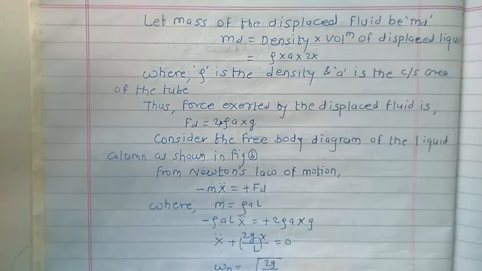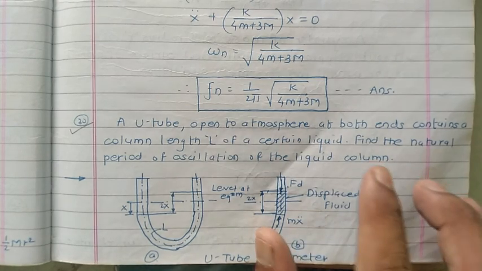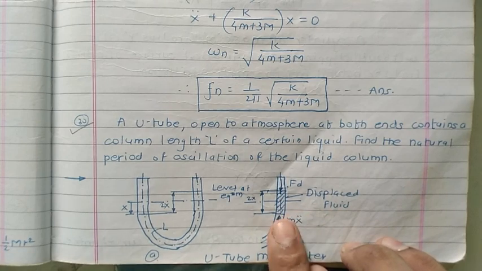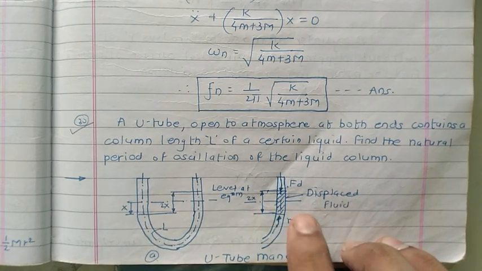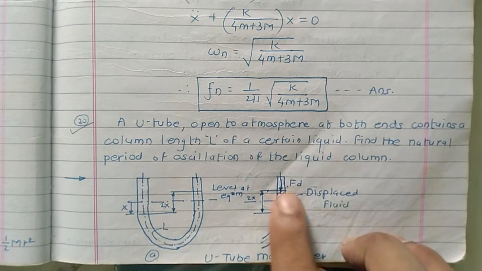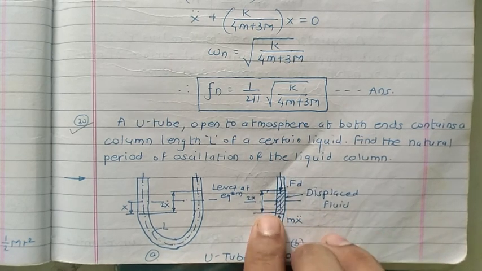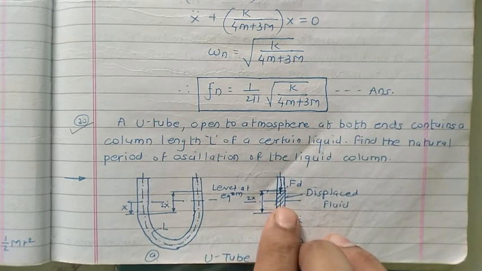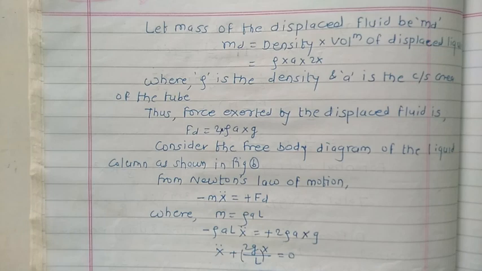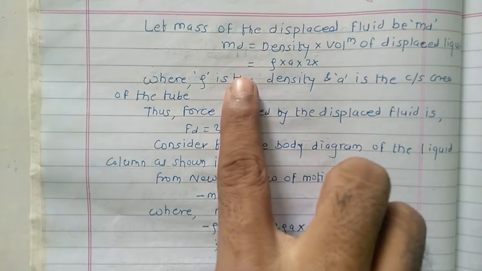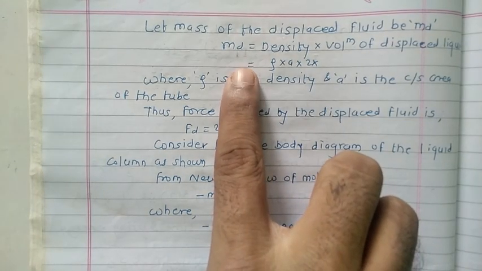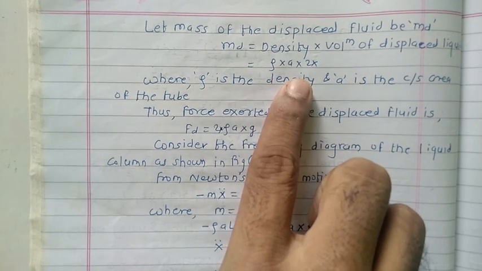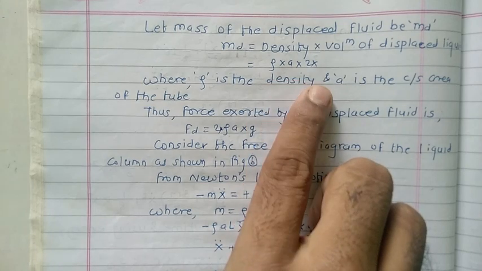For that, concentrate on this diagram. So what about that term? That is nothing but the cross section area of this portion multiplied by this length. So length you can get in terms of 2x, and the cross section we will just consider as A. In this way you can get the relation for displaced fluid, that is md equals rho, density, multiplied by the volume of the displaced liquid, that is A multiplied by 2x.